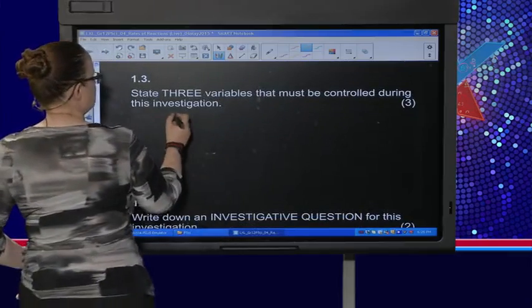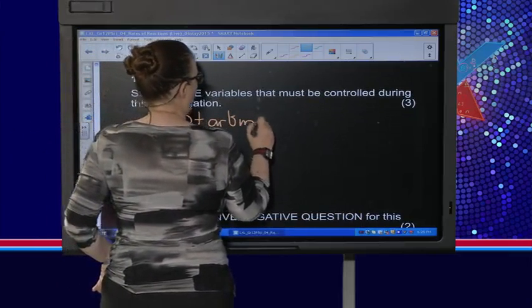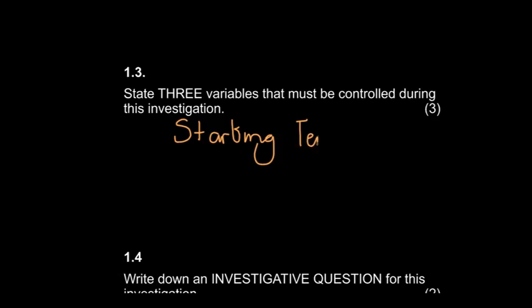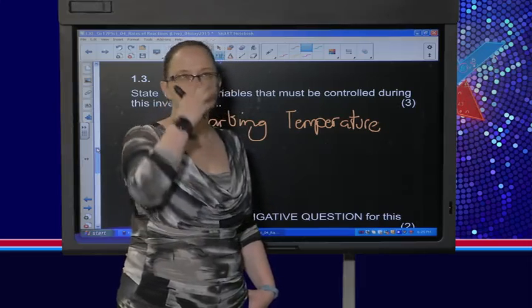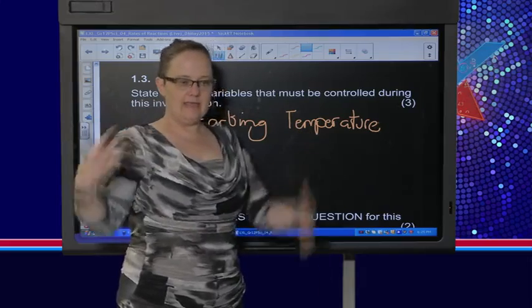So here we need to keep starting temperature constant. Why can I not just say temperature? Because I know that's what some of you would say. Because the end temperature is not going to be the same. This is an exothermic reaction, all right? Because it's an acid with a metal. In an exothermic reaction, we're going to get certain amounts of heat given off.